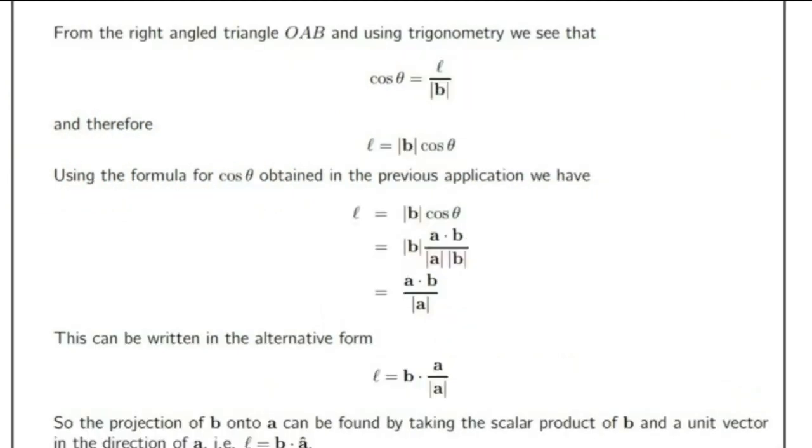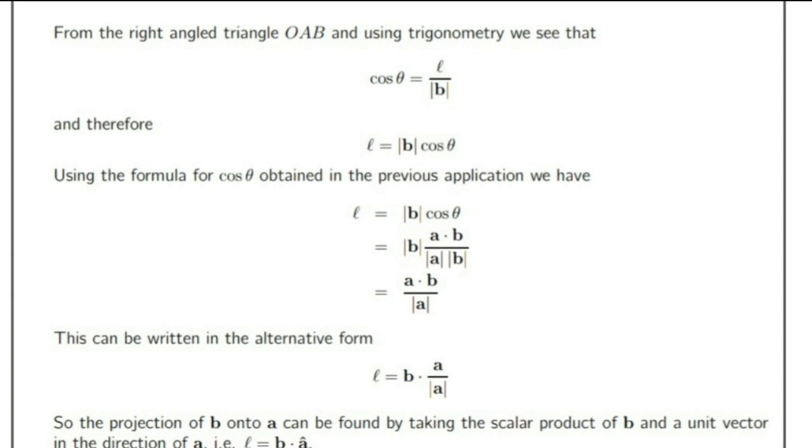So L is equal to B cos theta. And we already obtained the expression for cos theta as A dot B by AB. So we have B into A dot B by AB, or it is the same as A dot B by A. That means component of vector B on vector A is A dot B by A. So that is the expression for finding the component of a vector in the direction of another vector.